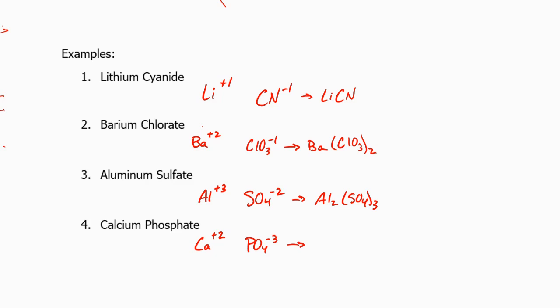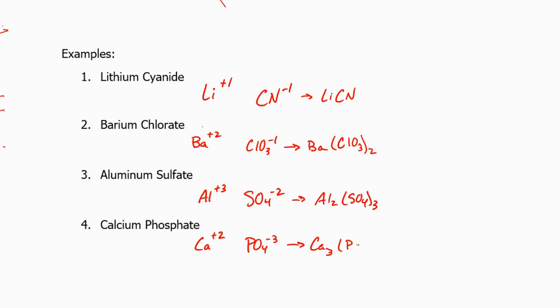And so if that's the case, that means we have 3 calciums. So we have Ca3. And then for our phosphates, since they have a charge of -3, to get to 6, we would need 2 of those phosphates. So that means that in parentheses, we have PO4. And then outside our parentheses, we should have a 2.